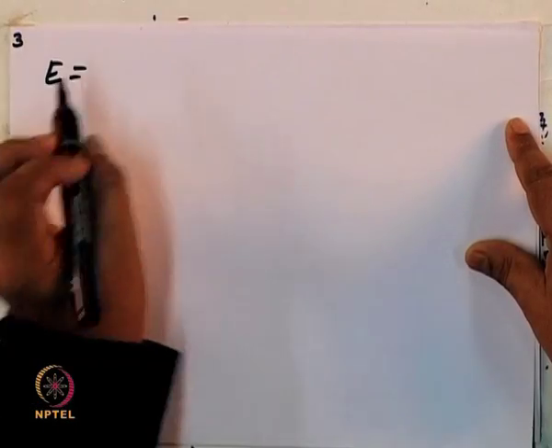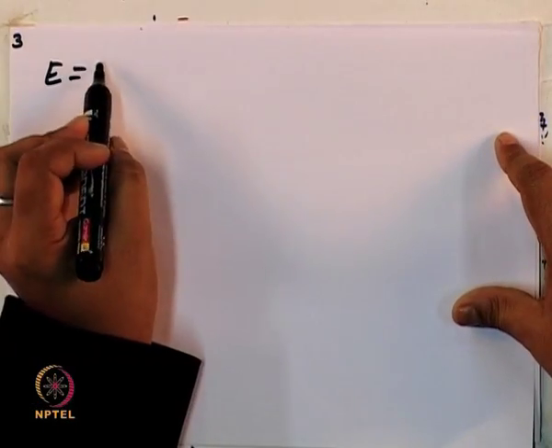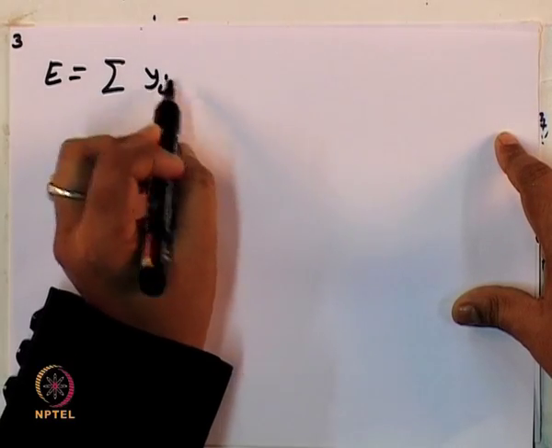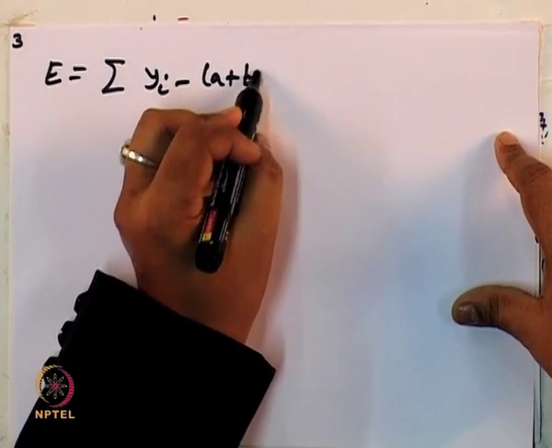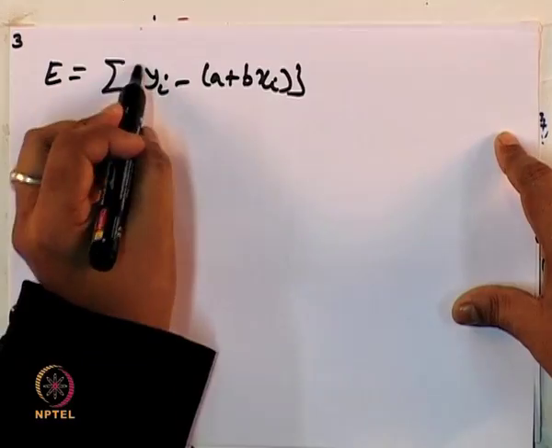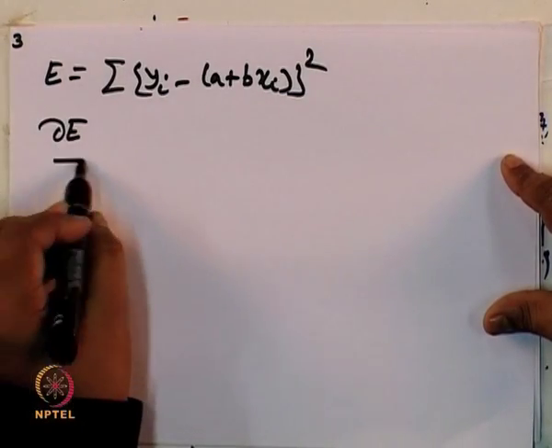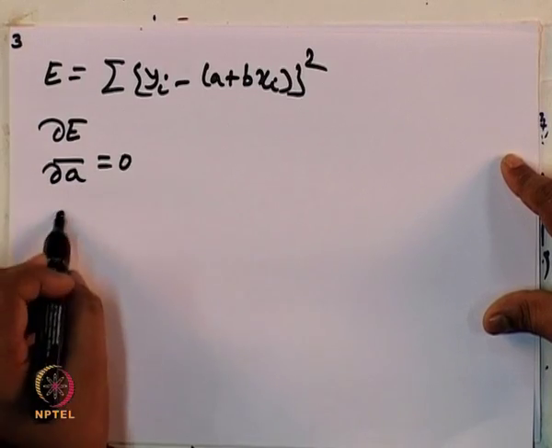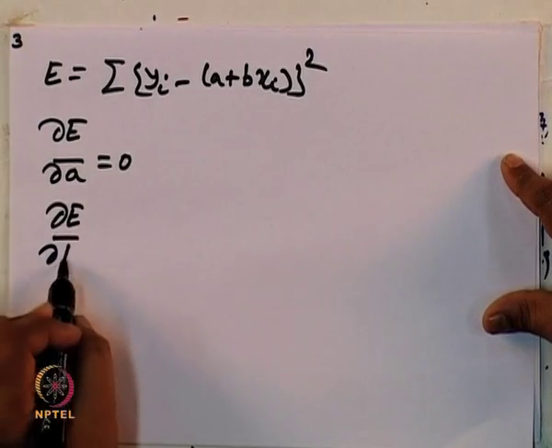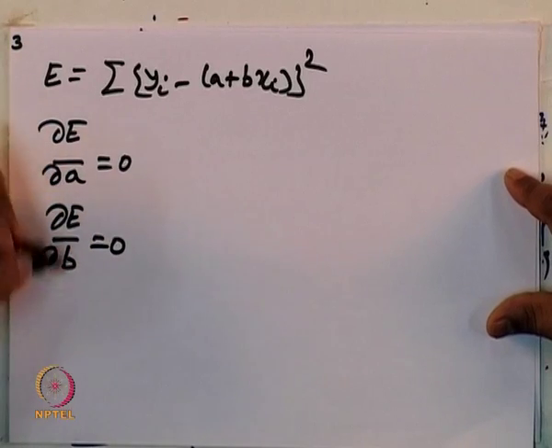So, in our case, the equation is E equal to the summation of (yi minus (a plus bxi)) whole square, right. I will set del E del a equal to 0 and del E del b equal to 0, because these are the unknown variables.